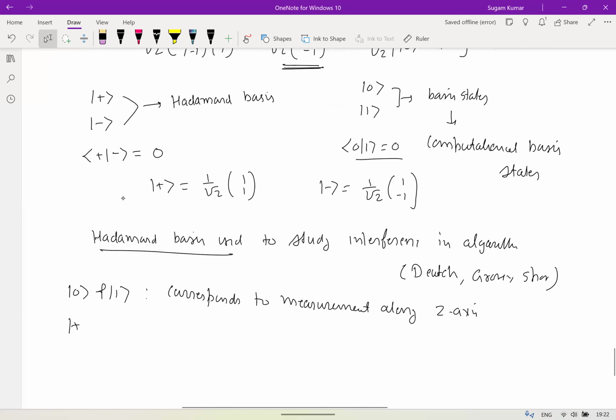On the other hand, these Hadamard bases correspond to measurement along the x-axis.